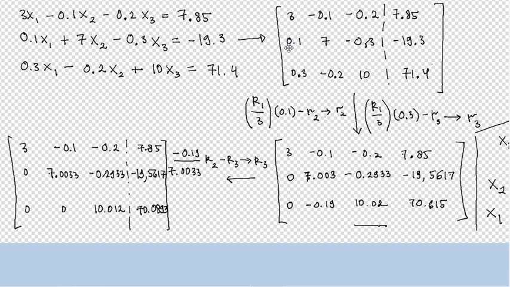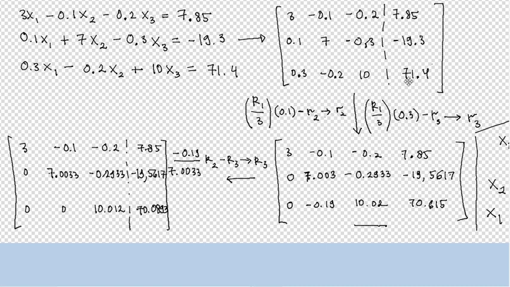So minus 0.1 plus 0.1, so it becomes 0. Then I write the answer into R2, so I write this operation into the second row. So the first row will be kept like this, it will not change, but only the second row will change because of this operation.